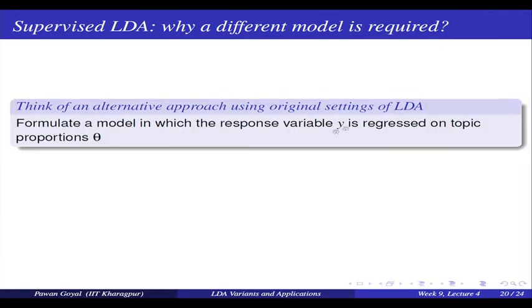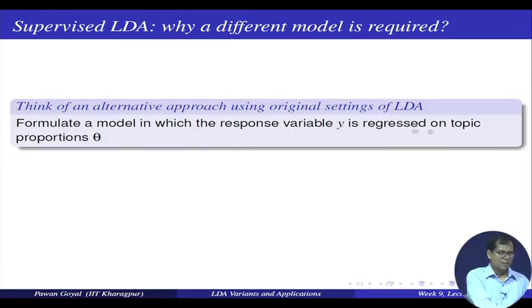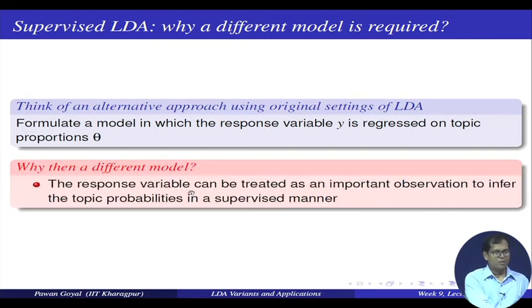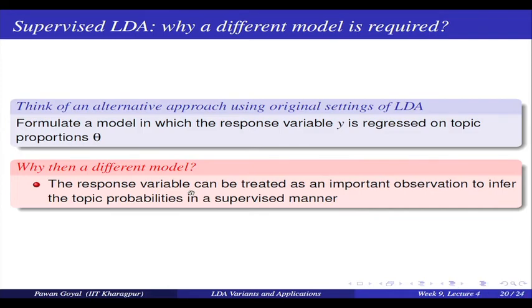So, this is where you are taking the topic proportions theta and building a regression to find out y. In the other model, the response variable can be taken as an important observation to infer the topics in a supervised manner. That is the interesting thing here.